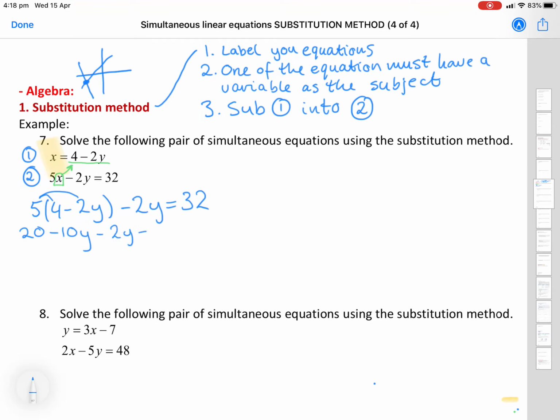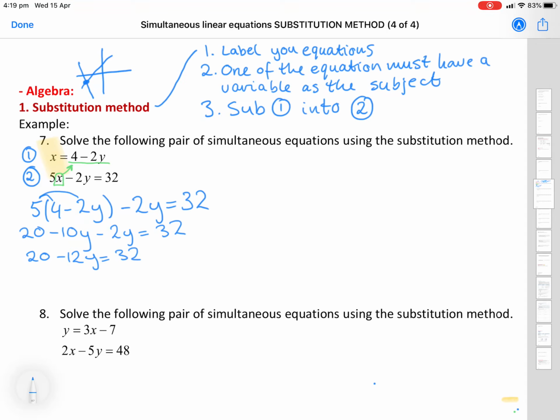Minus 2y equals 32. Topic 2, which you hopefully had a look at in the holidays, will help you with this, but we'll be doing lots of it in this topic, so don't worry. We can simplify negative 10y minus 2y: negative 10 minus 2 gives minus 12y, so 20 minus 12y equals 32.